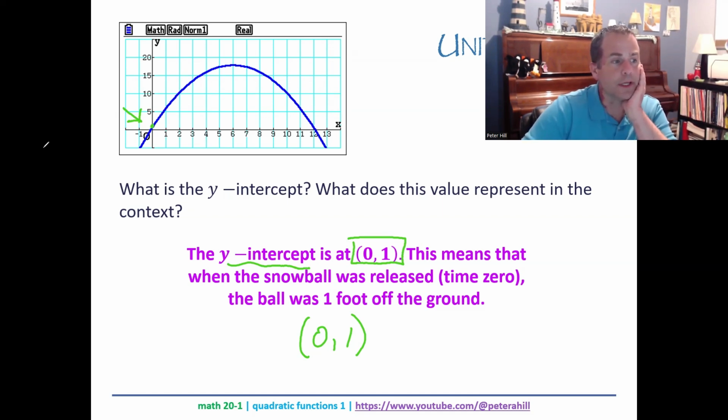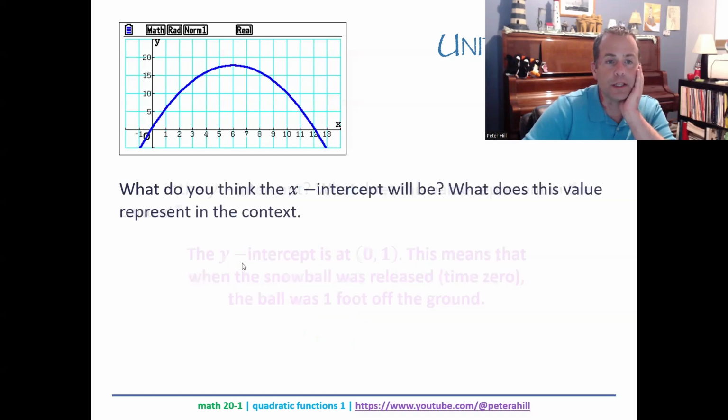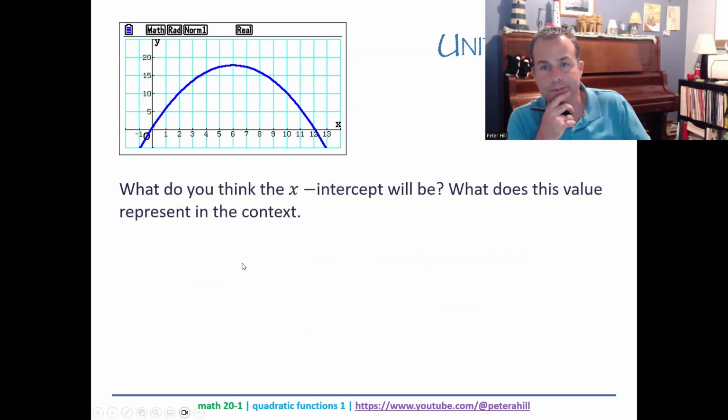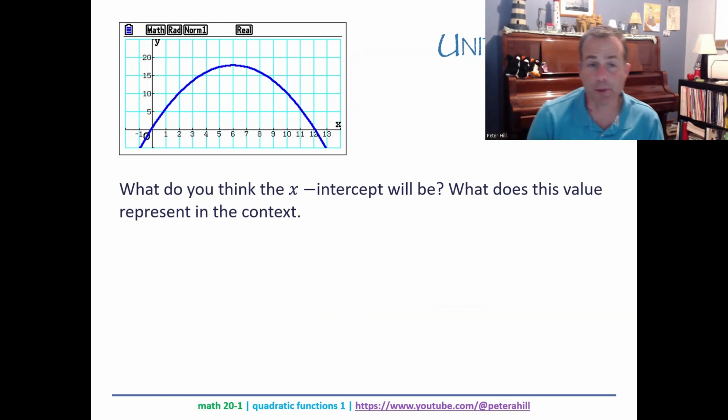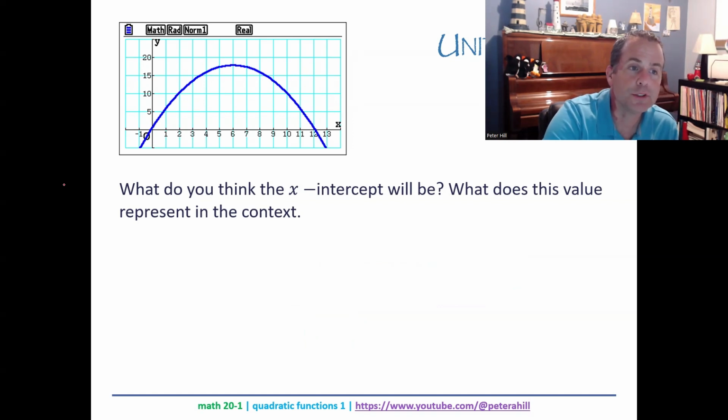All right, awesome. What do you think the x-intercept will be? What does this value represent in context? Now, actually, I want to have a couple conversations here. First, notice I said the x-intercept, meaning there was only one. Actually, there's two. You can see one right here, and you can see one right here.